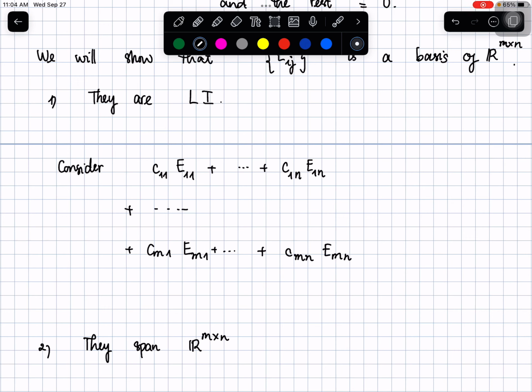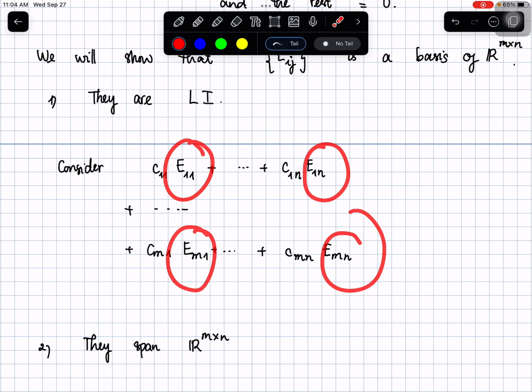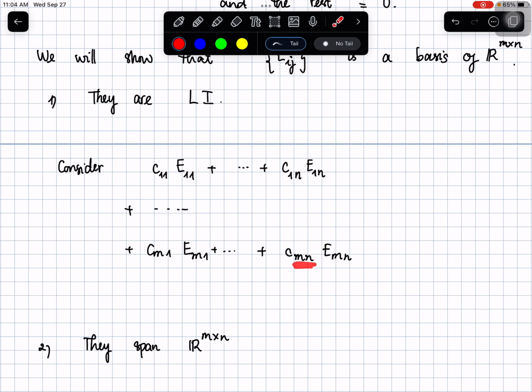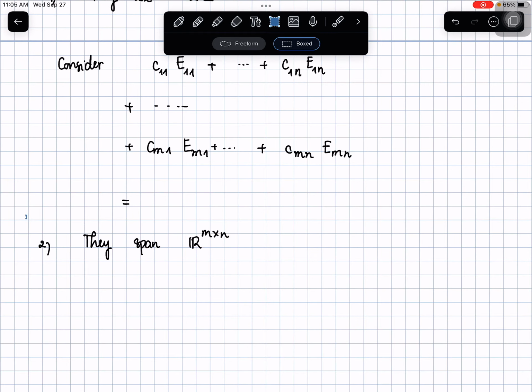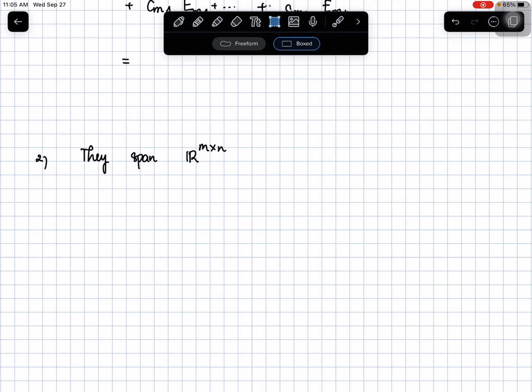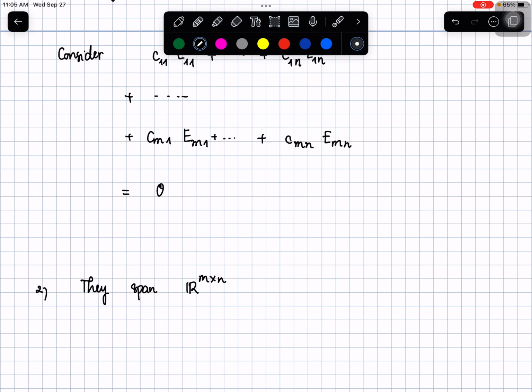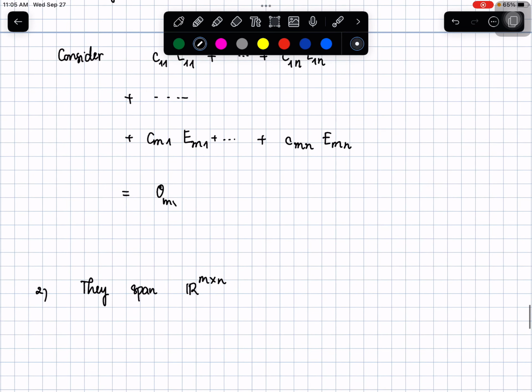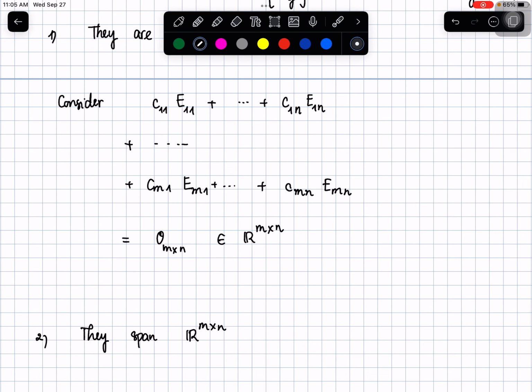This is a linear combination of these many matrices in R^(mn), and we have m by n matrices like that. This is equal to 0. The vector 0 in the vector space R^(mn) is the zero matrix, so all the entries are 0. The type of this matrix is m by n.